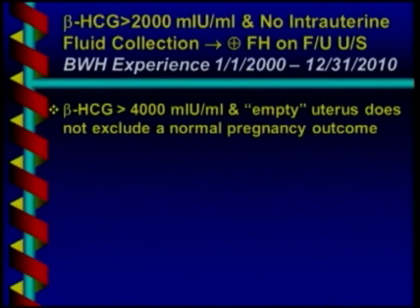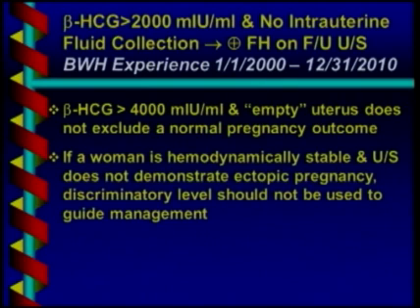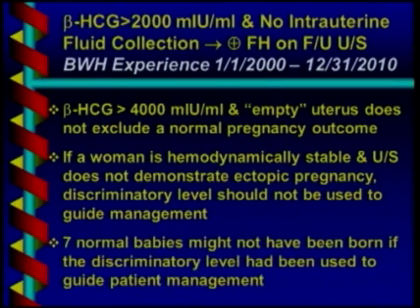So our conclusions are that a beta-HCG, even above 4000, which is double the discriminatory level, and an empty uterus does not exclude a normal pregnancy outcome. If a woman is hemodynamically stable and ultrasound doesn't demonstrate an ectopic pregnancy, the discriminatory level should not be used to guide management. And 7 normal babies at our hospital alone might not have been born if the discriminatory level had been used to guide patient management.